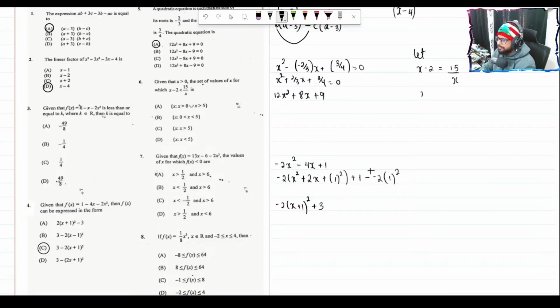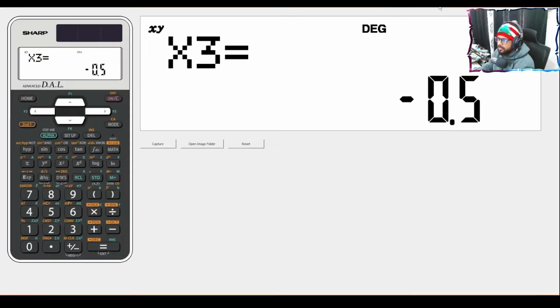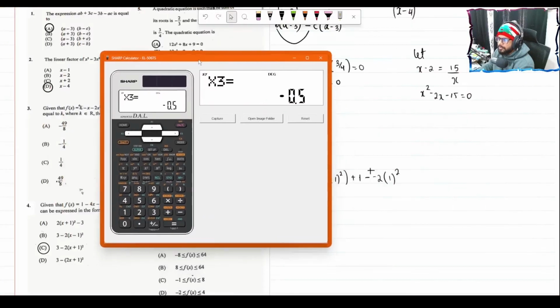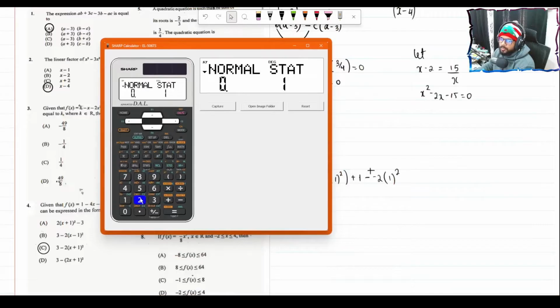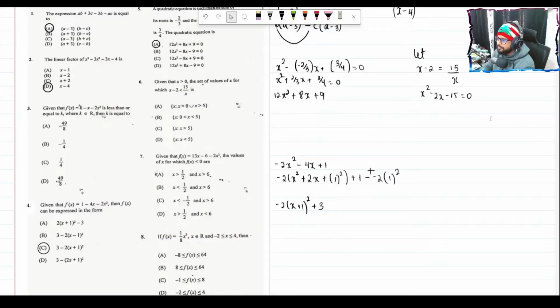Multiply by x: x squared minus 2x. I could bring the 15 across: minus 15 is equal to 0. And I could jump on my calculator and get my solutions. Quadratic is mode 2, 2. A is 1, B is minus 2, C is minus 15. My solutions are 5 and minus 3. So x is 5 and x is minus 3.